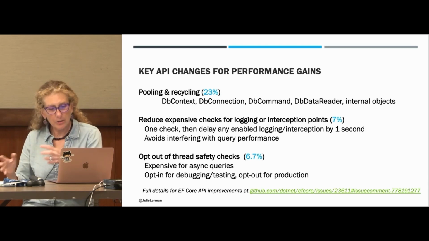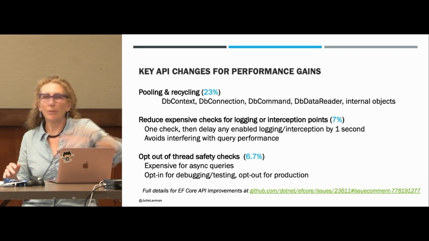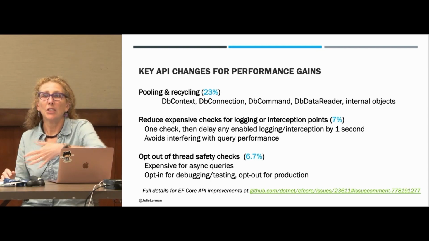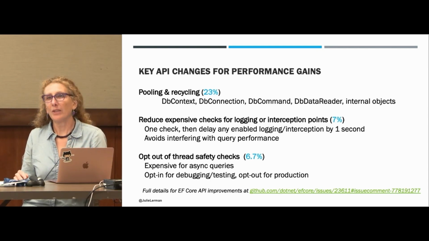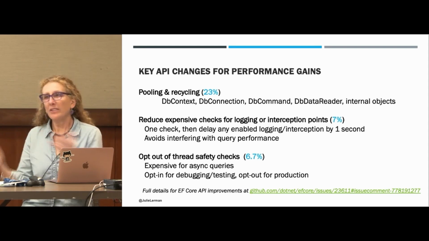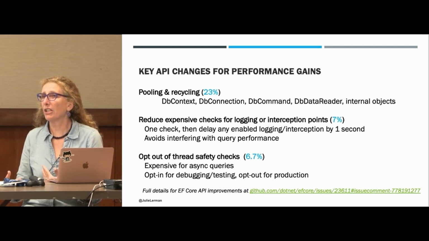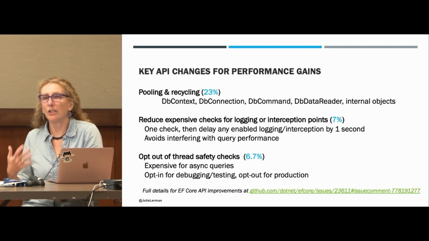There are some other more minor things, but one thing that you would explicitly do is opt out of thread safety checks. Before EF Core 6, the thread safety checks happen whether you're in dev or in production. By the time you get to production, you shouldn't need those anymore, right?